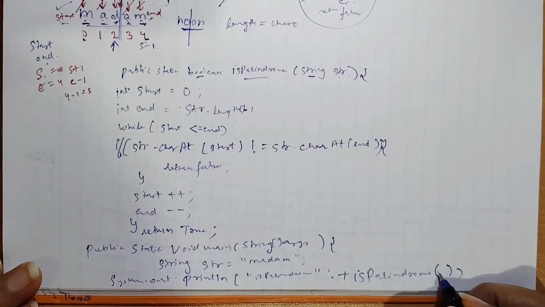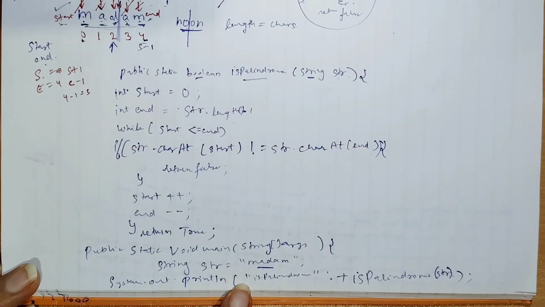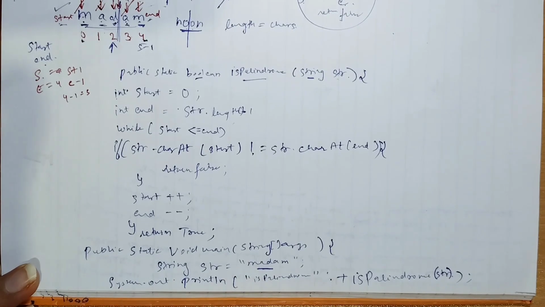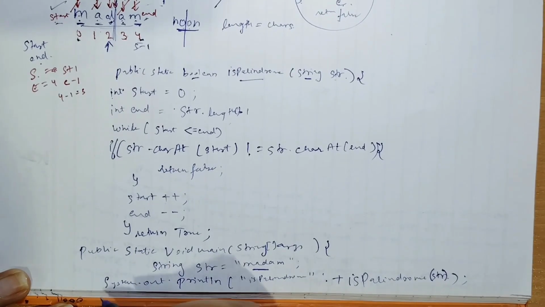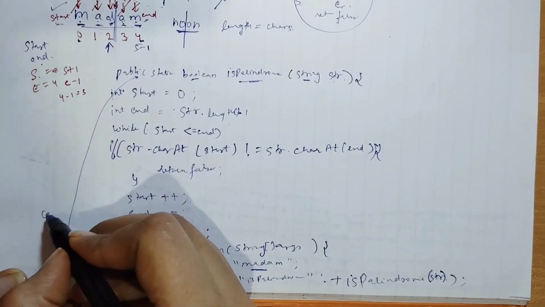And in this we will pass our str, that is madam. In the backend, when we are calling this isPalindrome from the main function, an input will come with this call.